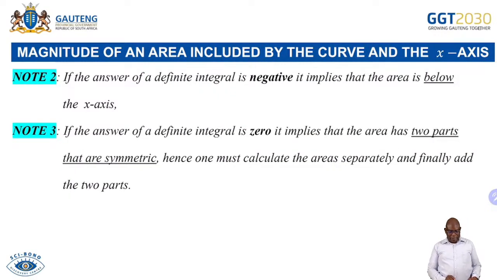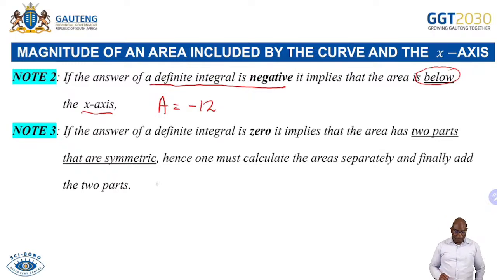If the answer of a definite integral is negative, it implies that the area is below the x-axis. So if, for instance, I'm calculating the area and I get negative 12, then I know that that area is below the x-axis, right? If it is positive, then it will be above the x-axis.